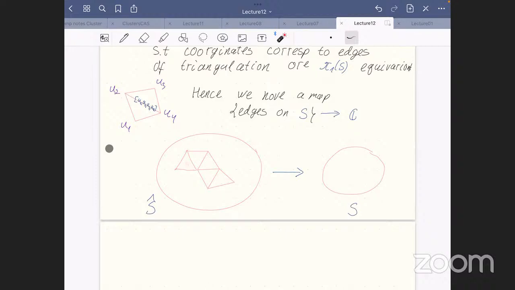So for each triangle here, we can have many pre-images. It can have several pre-images here, and they are connected by the action of the fundamental group.